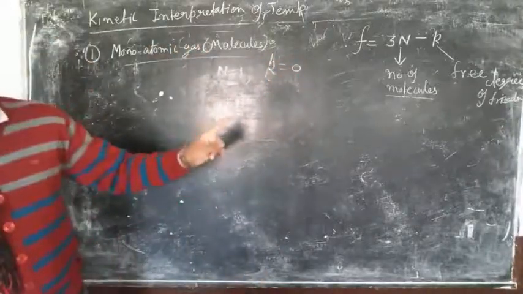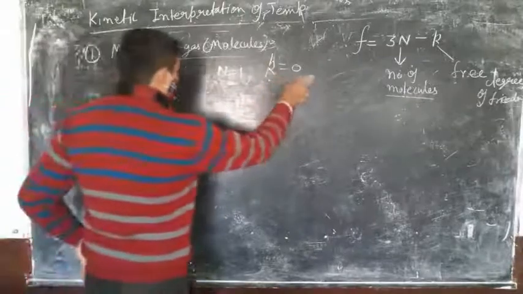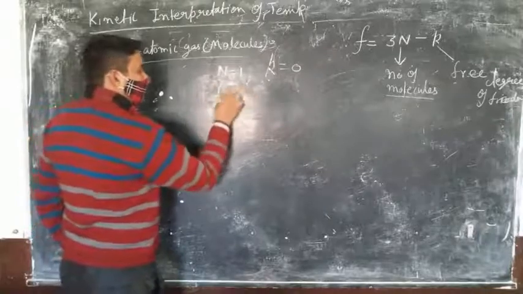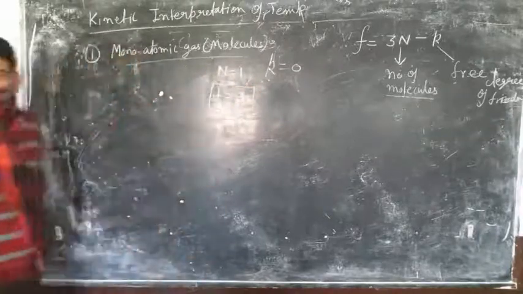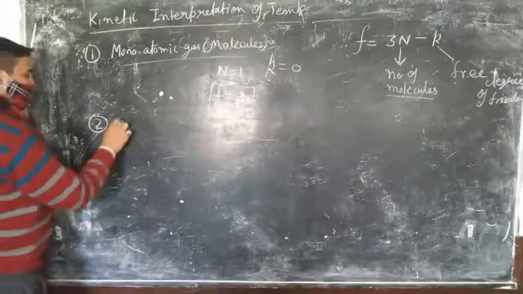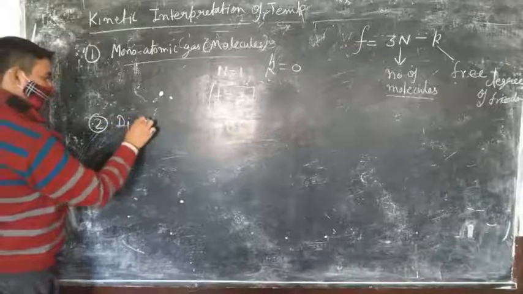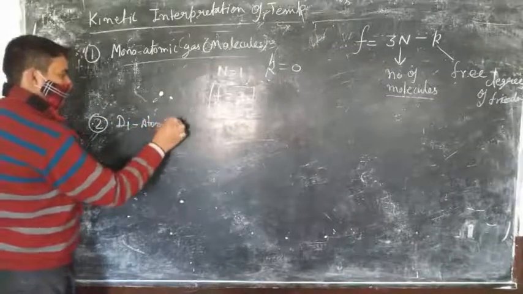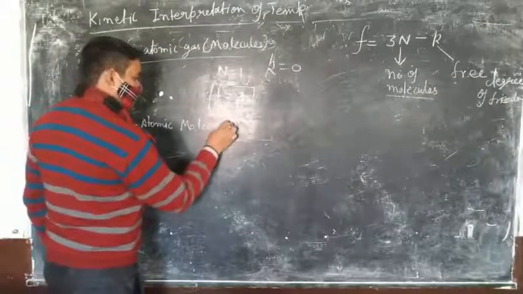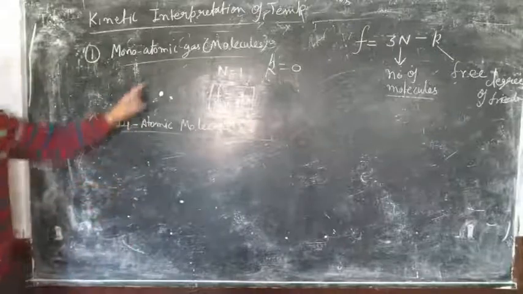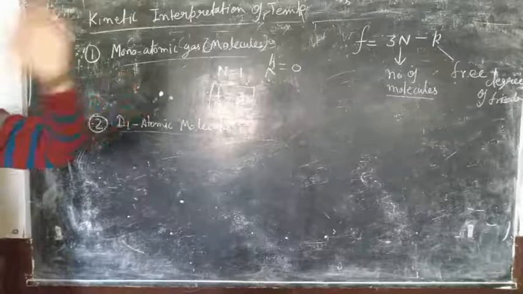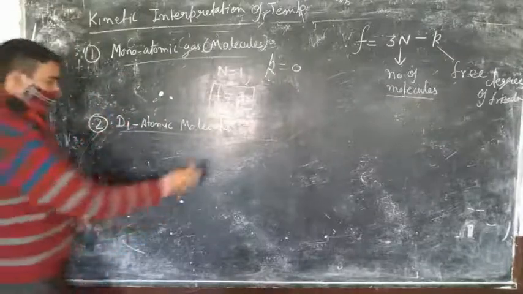For monoatomic k is 0, so F will be 3. Next, diatomic molecule. Example: sodium, potassium, etc.